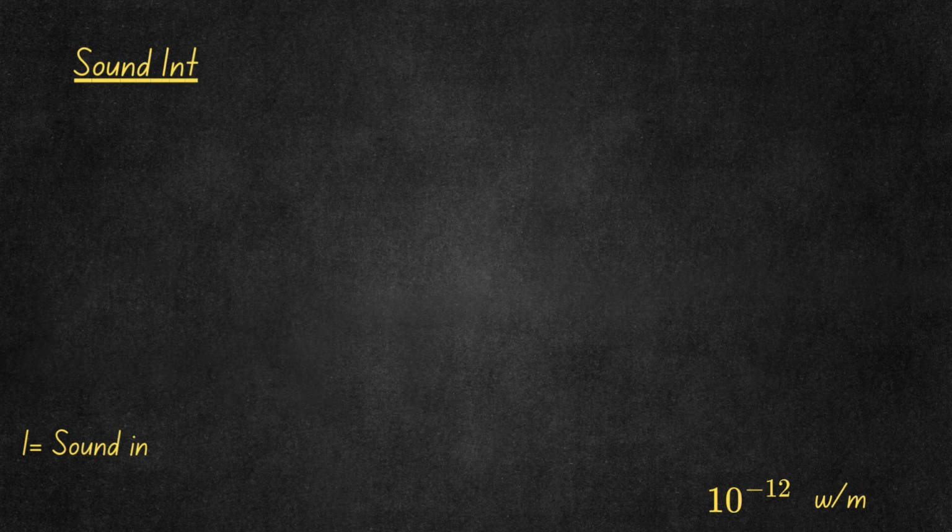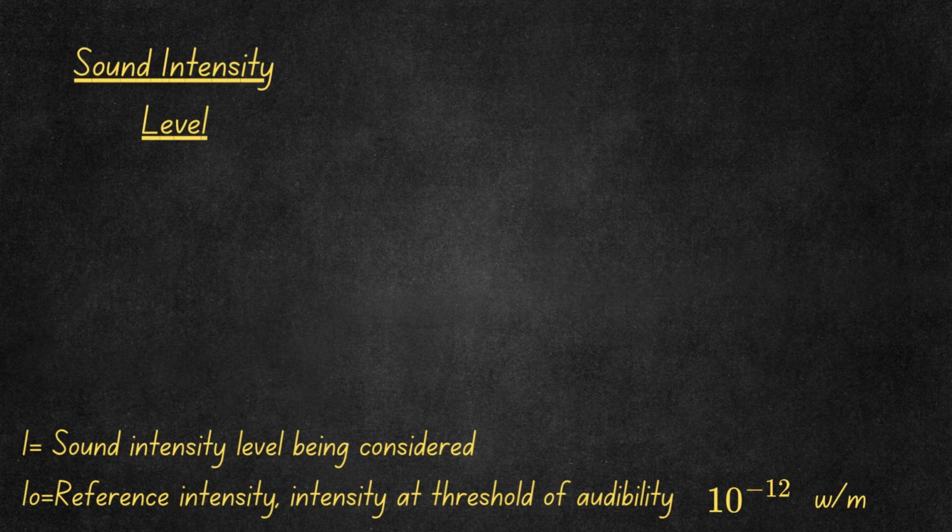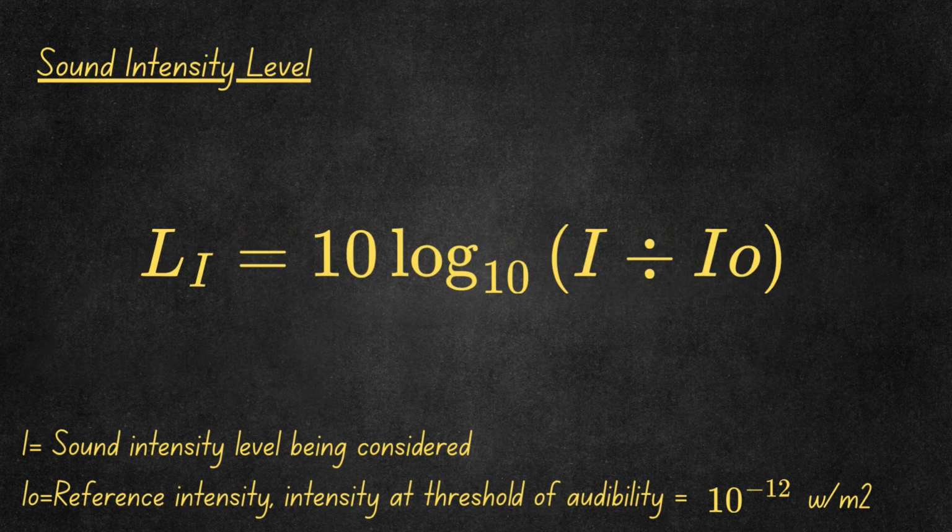The sound intensity level is the decibel level of a sound relative to the sound intensity in watts per meter square. The sound intensity level is defined by the following equation, where I equals the sound intensity being considered, and the bottom number represents intensity at the threshold of audibility, 10 to the minus 12 watts per meter squared.